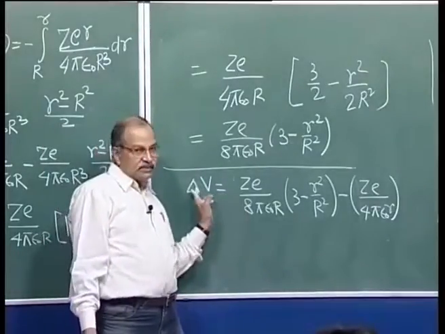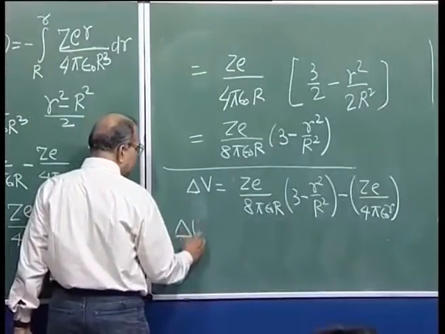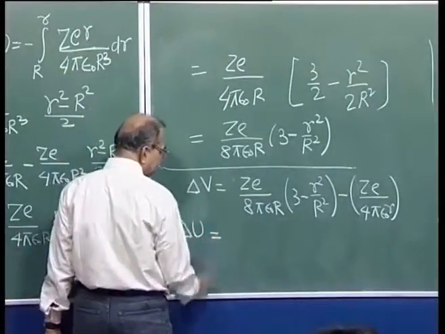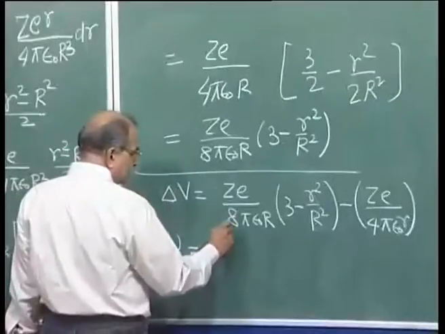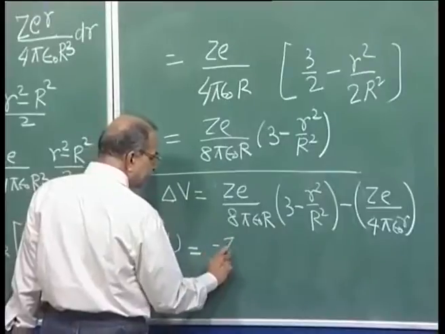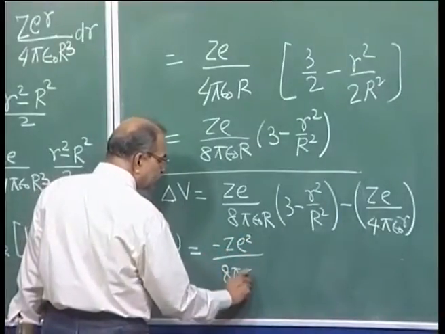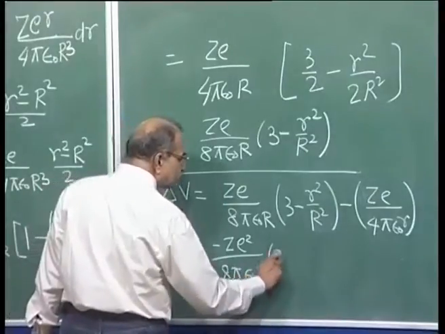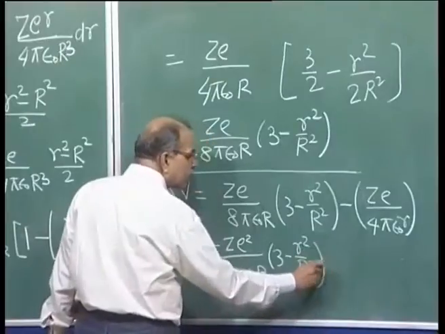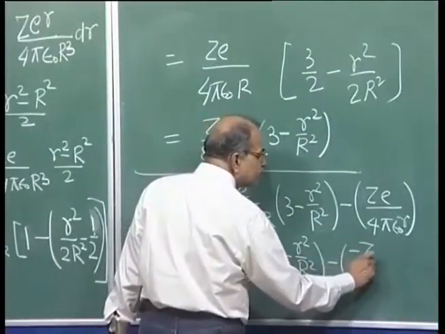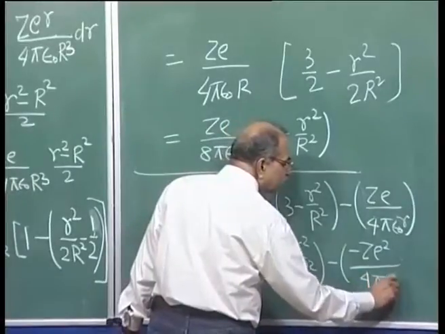So, that is the difference in potential, and therefore, the difference in potential energy is multiplied by minus E. So, this will be minus Z E square by 8 pi epsilon naught R times 3 minus r square by capital R square, and then minus Z E square over 4 pi epsilon naught r.